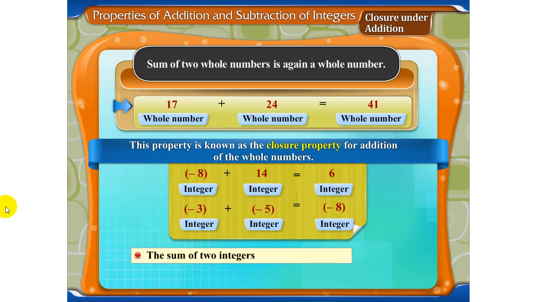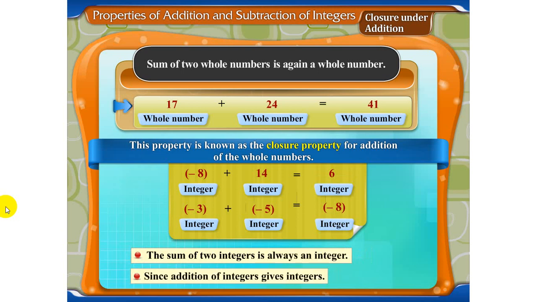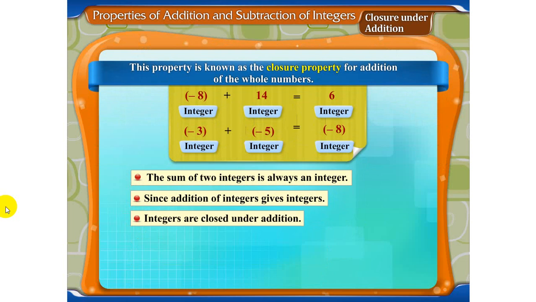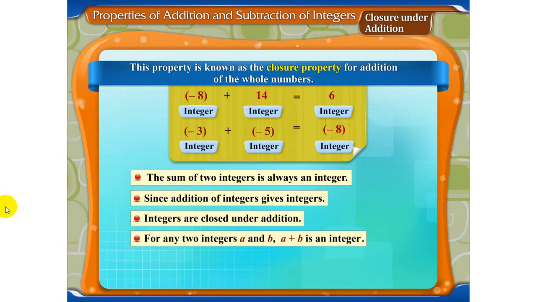Thus, the sum of two integers is always an integer. Since addition of integers gives integers, we say integers are closed under addition. In general, for any two integers, a and b, a plus b is an integer.